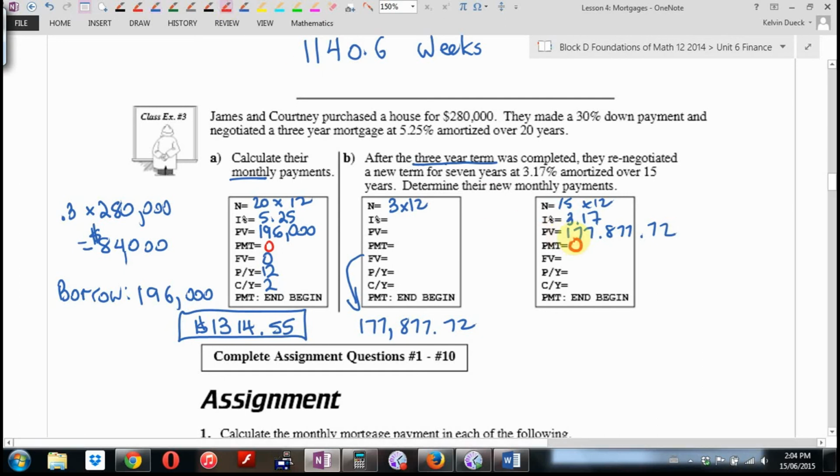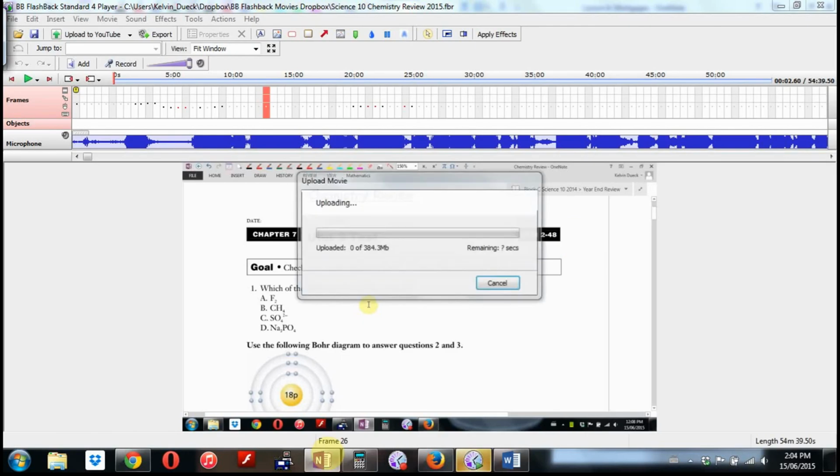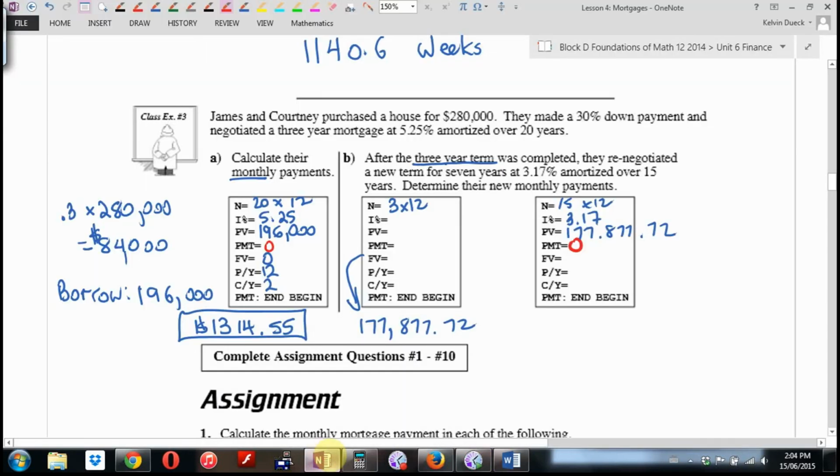Temporarily, Darian, I'll put a 0 there as a placeholder. Final value. I want to pay off the loan after 15 years. Payments per year, monthly, 12. Compound periods per year, 2. What will their new monthly payment be? So originally it was $1,314.55.